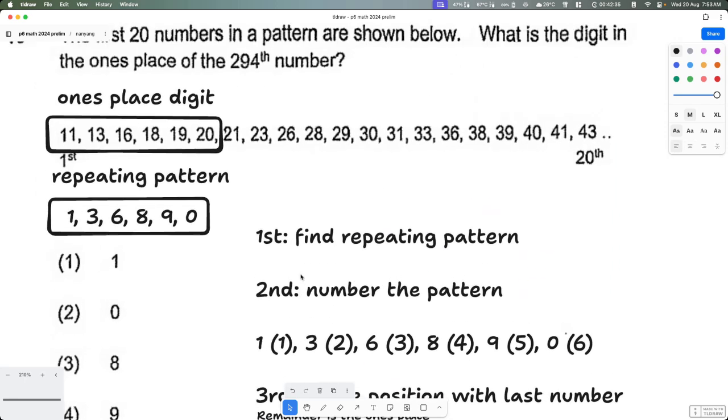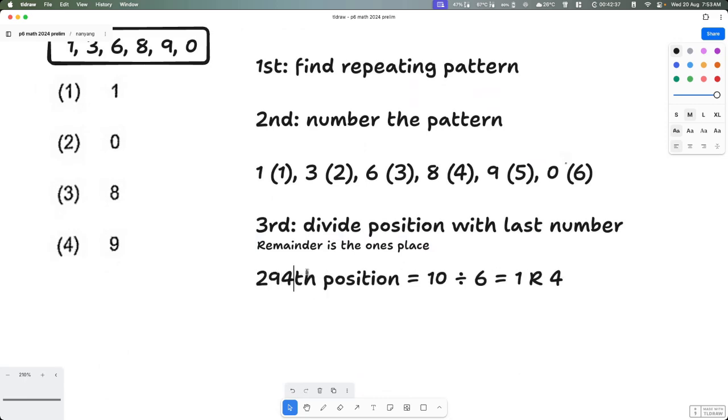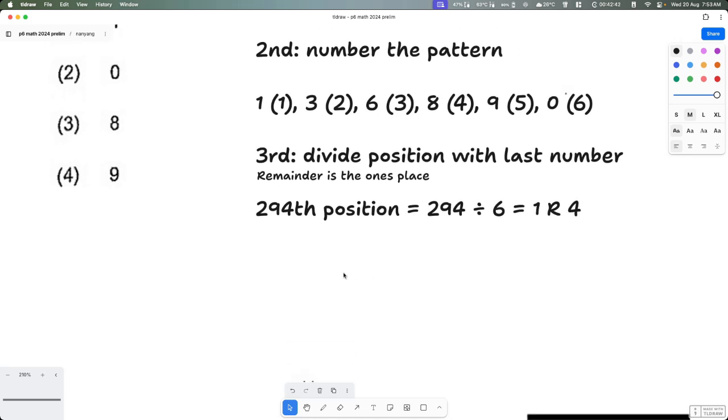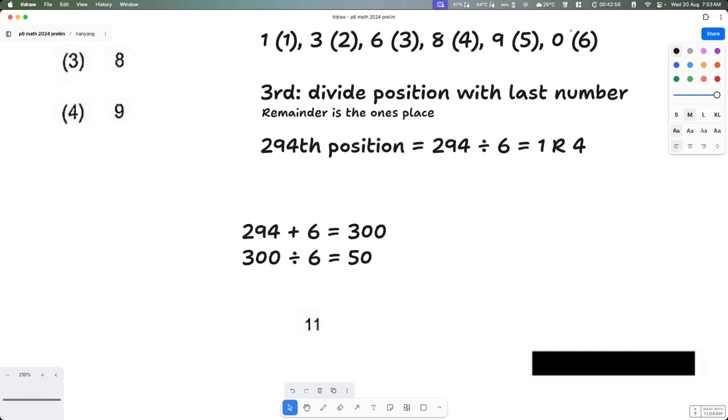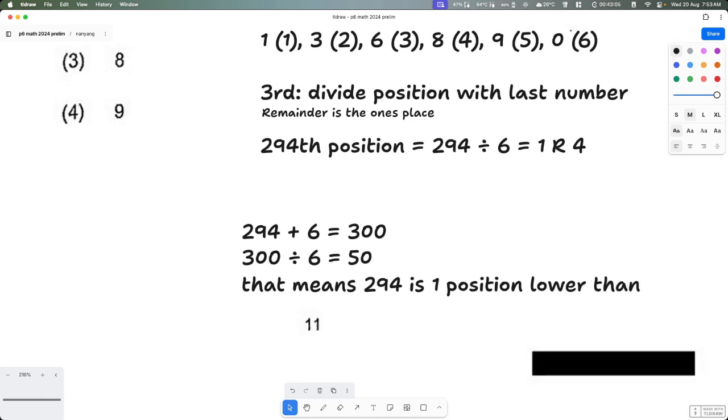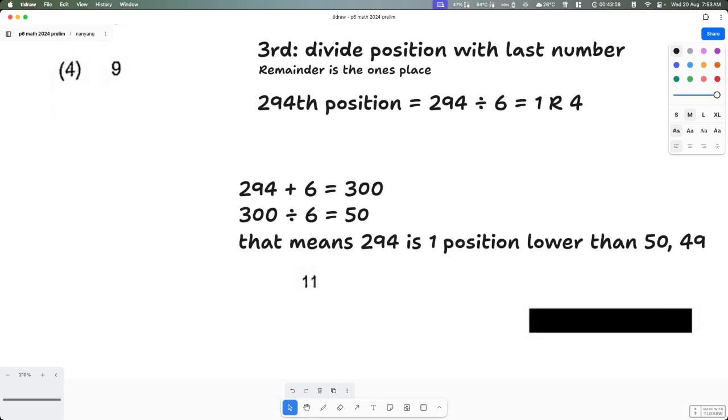So 294 divided by 6. 294 plus 6 equal to 300. Right? 300 divided by 6 is equal to 50. So that means 294 is one position lower than 50, which is 49. That's it.